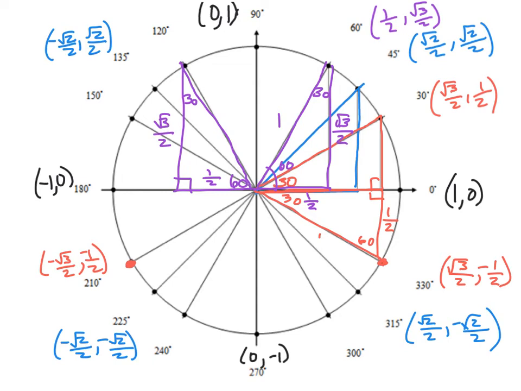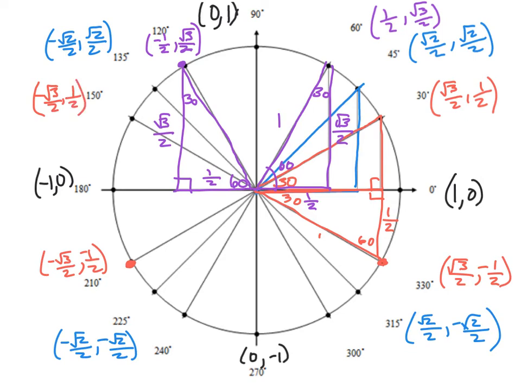So the ordered pair at this spot right here, the 120 degrees, is going to be 1/2 to the left, so that'll be a negative 1/2, and radical 3 over 2 up, so that's giving me a positive radical 3 over 2. I noticed that 150 got erased here, so I'm going to go back and fill that in. That was negative radical 3 over 2, positive 1/2.